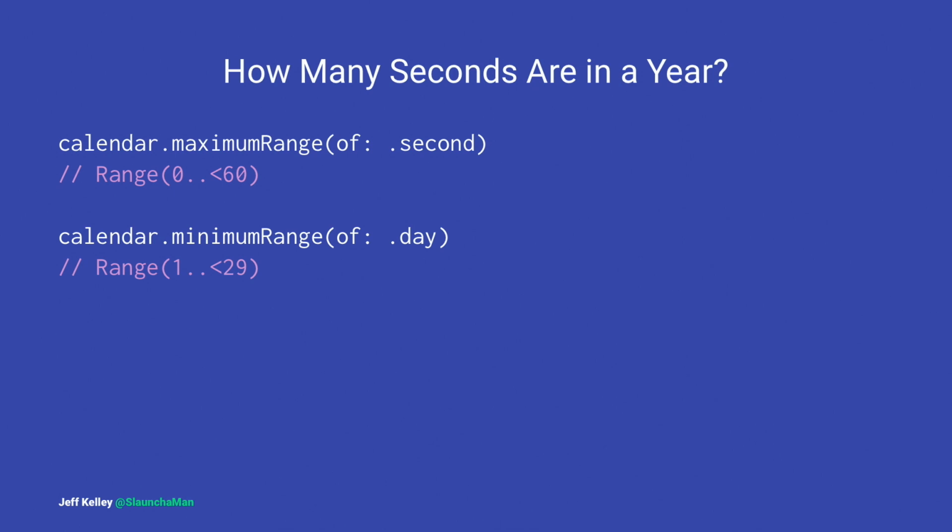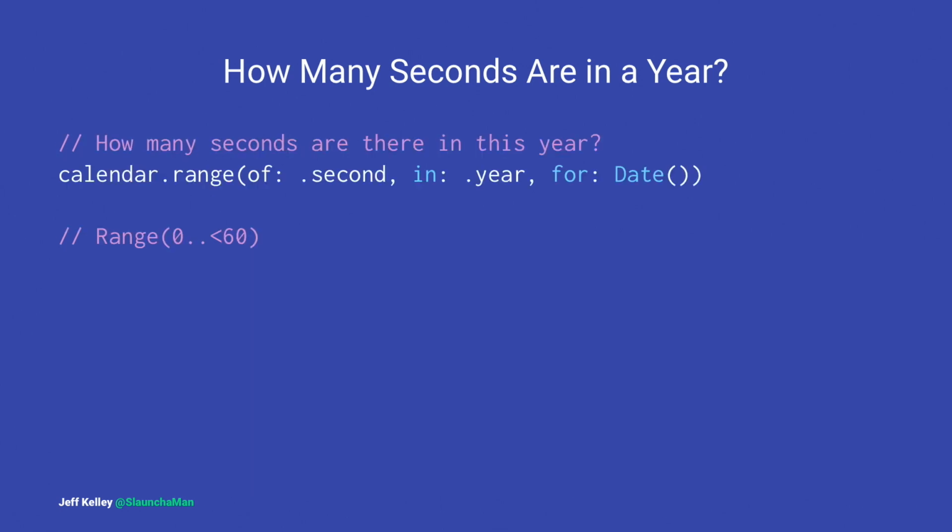So on this calendar, every month has at least 28 days. But if I use that range of in for method for seconds in years, I get back 0 to 60, or 1 to 60, because there is no 61st second. Leap seconds notwithstanding, you can't make a value of seconds that goes that high.